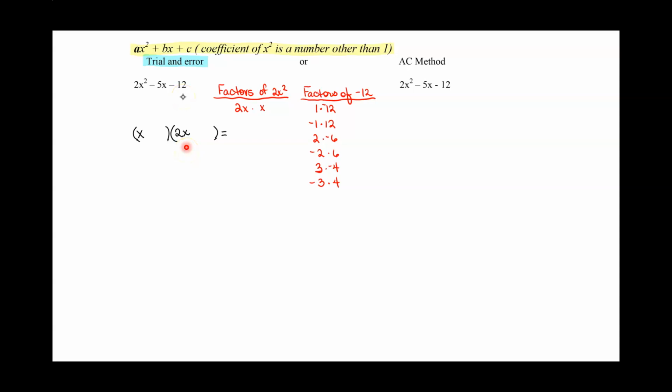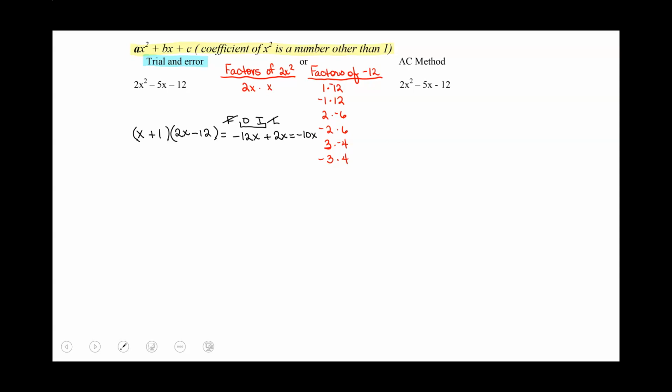The factors of negative 12, that could be 1 and negative 12, or negative 1 and positive 12, 2 and negative 6, or negative 2 and positive 6, 3 and negative 4, and negative 3 and positive 4. And I literally just have to try them all until I find the one that multiplies to give me my 2x squared and my negative 12x, and adds to give me my negative 5x.